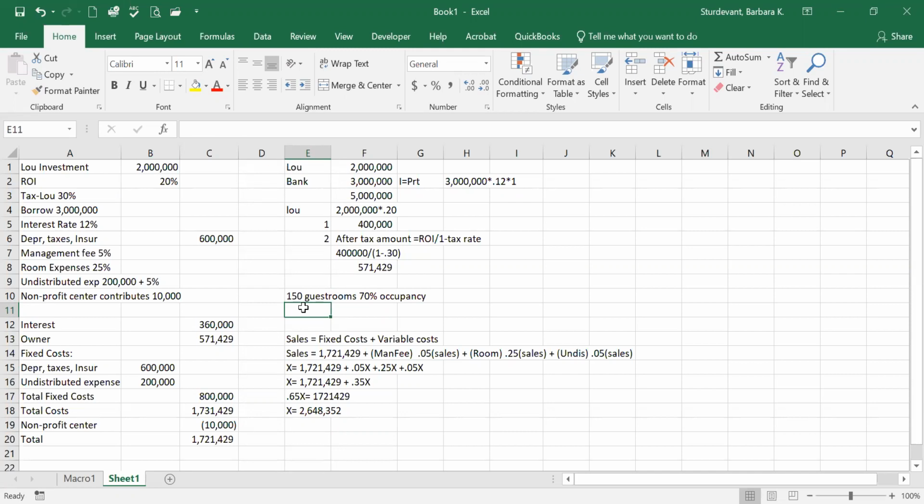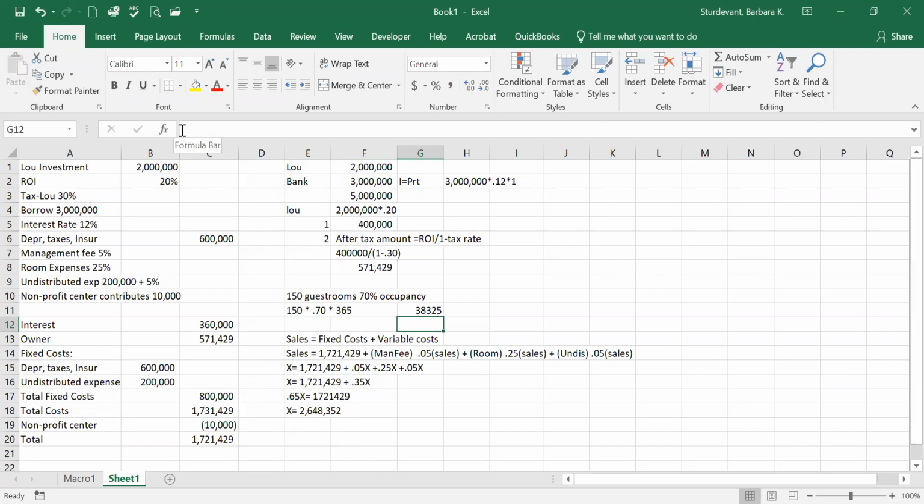Some of you had a little trouble with that on the test. So we have 150 times 0.7 times 365 days. That's going to give us the number of rooms. And so if we just do the math, we're going to expect to sell 38,325 rooms.